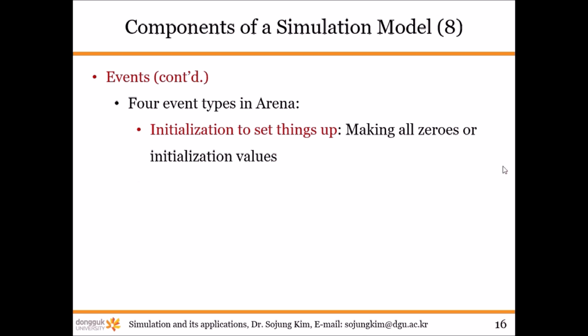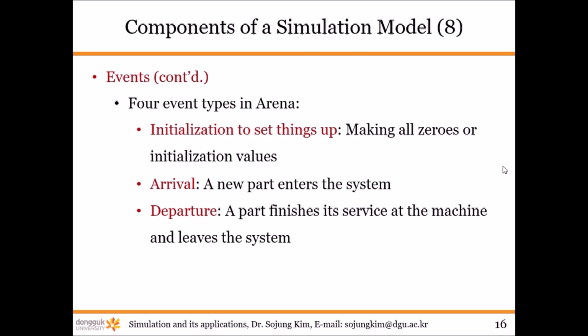For example, statistical accumulators will be 0 when we have this initialization event. Next is the arrival event, where a new part enters the system over time. Then the departure event, where the finished part leaves the server or the system.